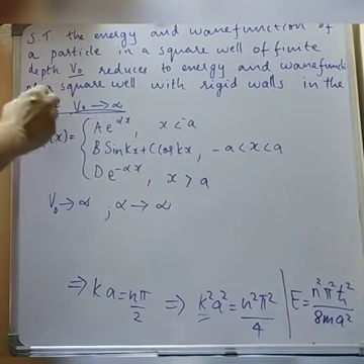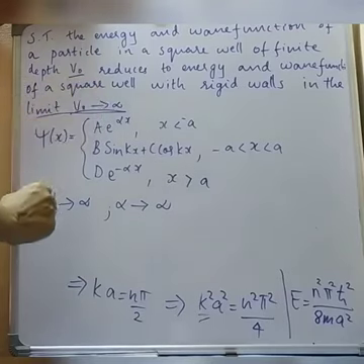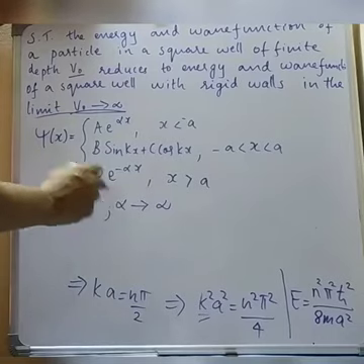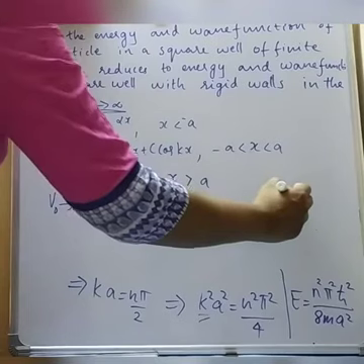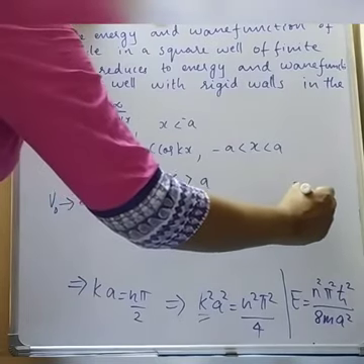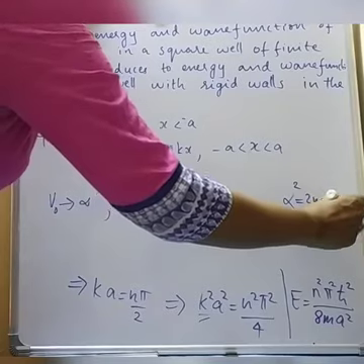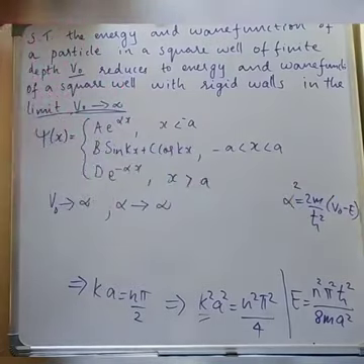Because it is mentioned in the question that we have to find the limit V0 tends to infinity, when we apply V0 tends to infinity, correspondingly alpha tends to infinity, because alpha square is equal to 2m by h cut square (V0 minus E). That means when V0 tends to infinity, alpha tends to infinity.